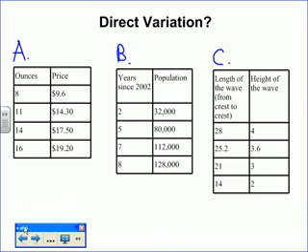Divide those out and see what you get. So we got 9.6 divided by 8. That's 1.2. 14.3 divided by 11.